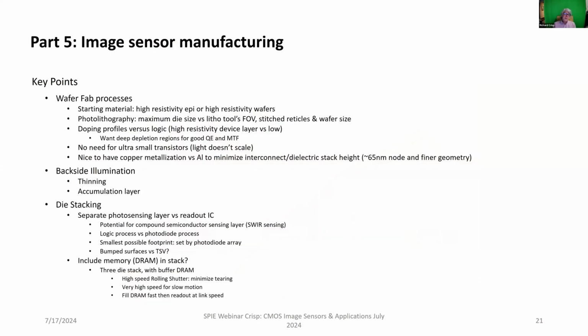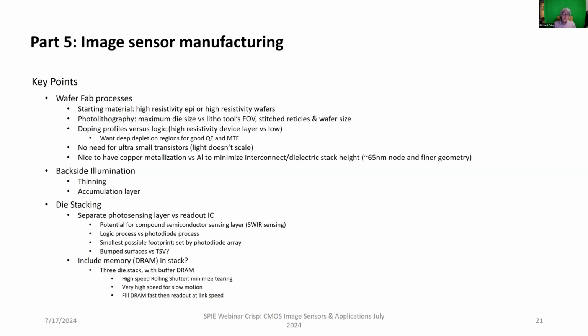The next area that I'm going to talk about is image sensor manufacturing. And the key things here are the wafer fab process, and then creating backside illumination devices, and then looking at some new ideas about die stacking. So the key thing in the wafer fab process is the starting material that we use in the wafer fab.